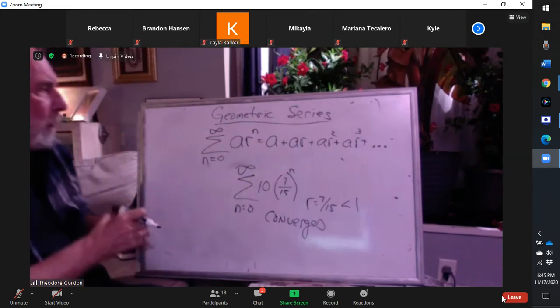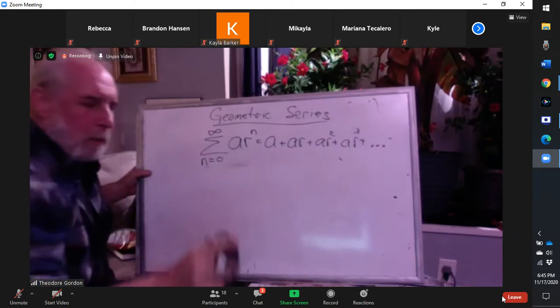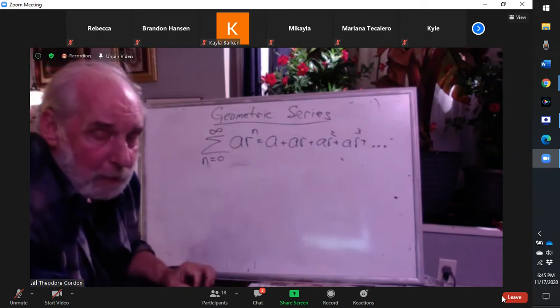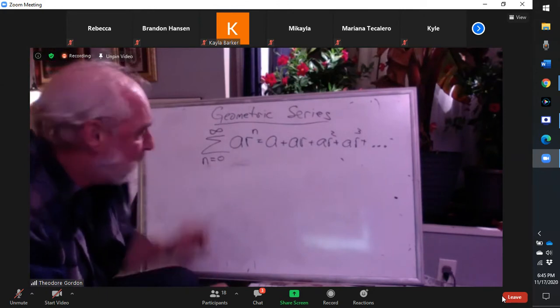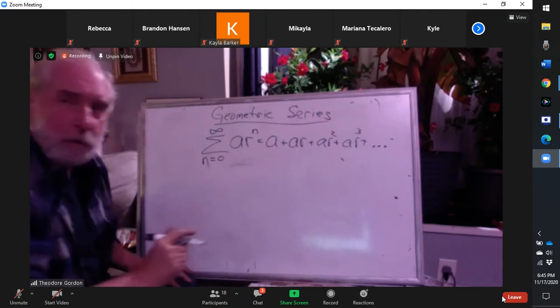It turns out we can figure out what a geometric series adds up to all the way to infinity, and it's a surprisingly easy thing to do.